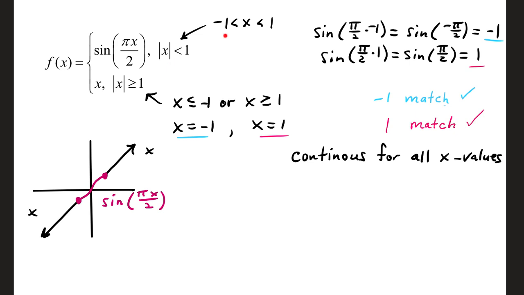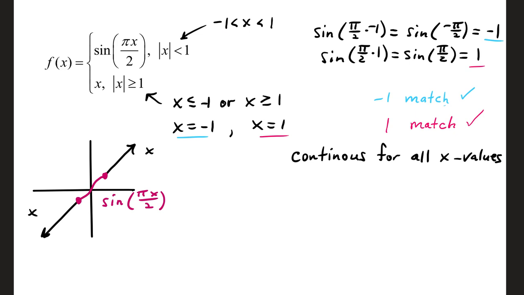That tells us for any value of x between -1 and +1, we can use that top piece. When the distance from 0 is 1 or larger, then you have x values that are less than -1 or greater than or equal to +1. Any number in between, and you're back in that top situation.